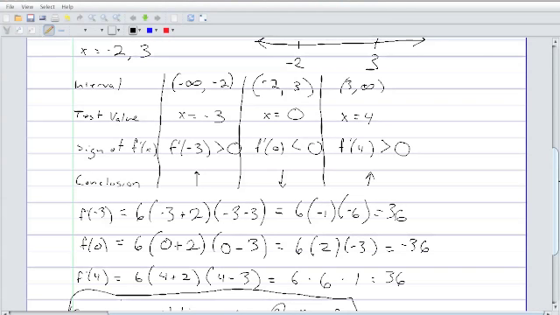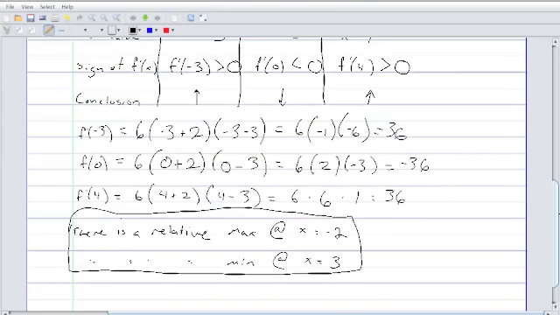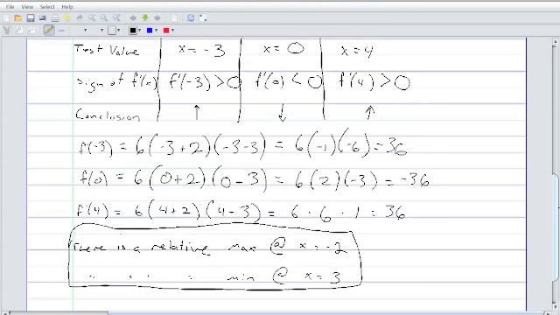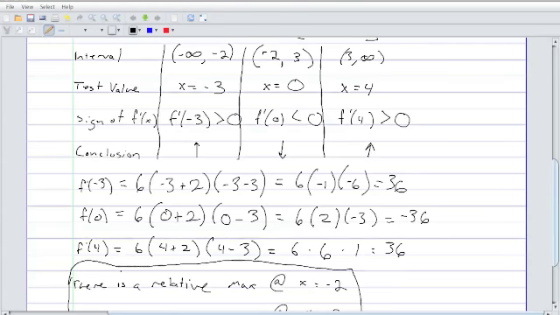Then we looked at the sign of those intervals, and that gave us a description of what the original function was doing. So again, since at a critical point of negative 2, it was increasing on the left and decreasing on the right, we knew that negative 2 was a relative maximum. And then at 3, since it's decreasing on the left and increasing on the right, that's a relative minimum.